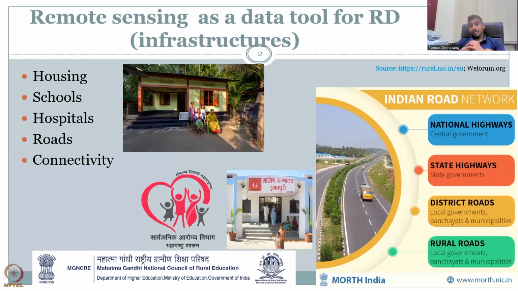So connectivity is not only in the roads, but also your communication devices. The government has put a lot of emphasis and budgets on giving advisories to farmers using the agricultural universities, KVKs, and IMD kind of advisories.